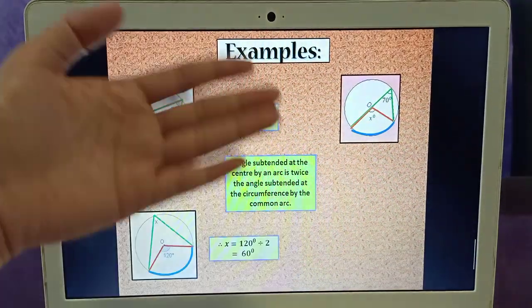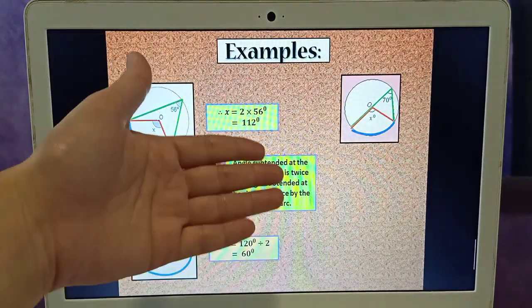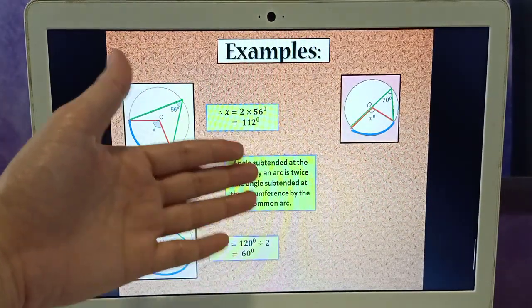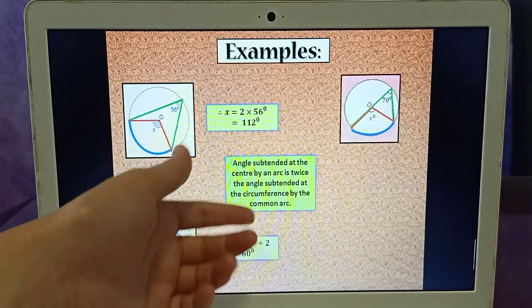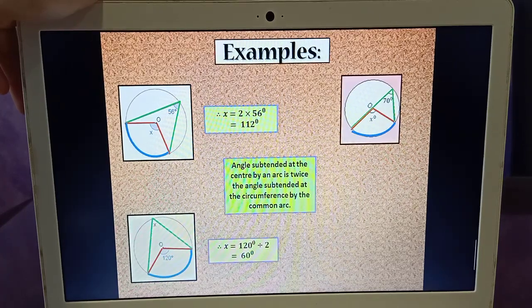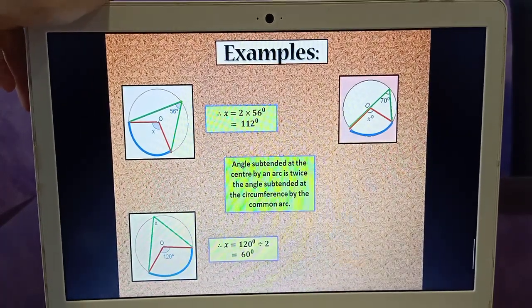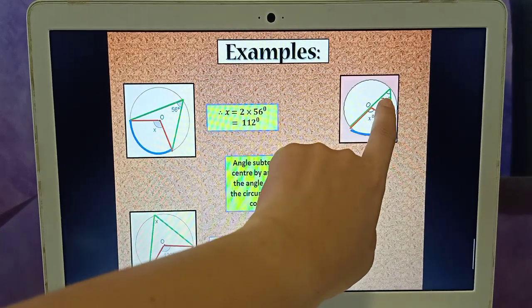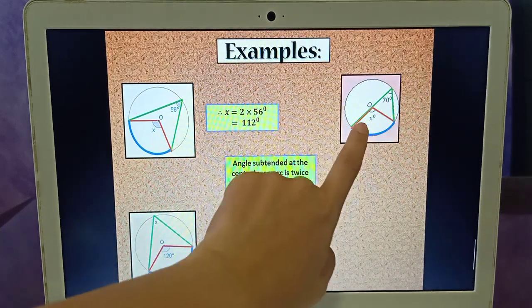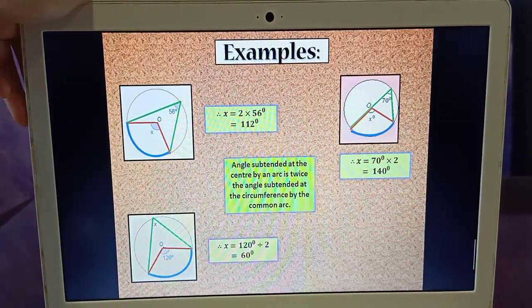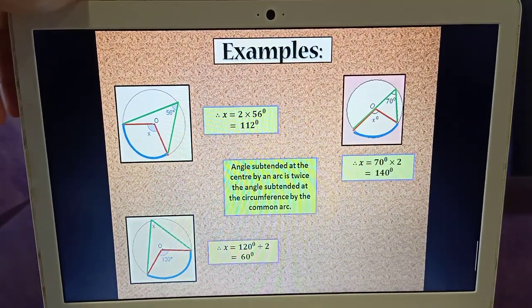When you want to explain, you need to use the specific terms in the note here: because they are subtended by the common arc. So the center one is always twice the angle subtended at the circumference. So x is equal to 70 degree times 2, which is 140 degree.